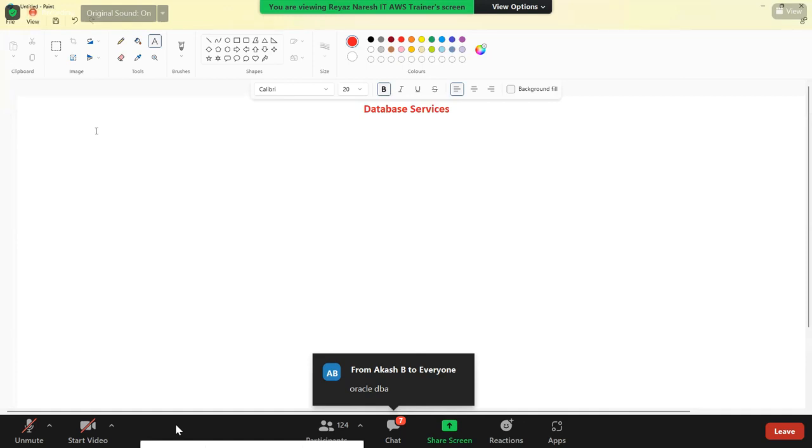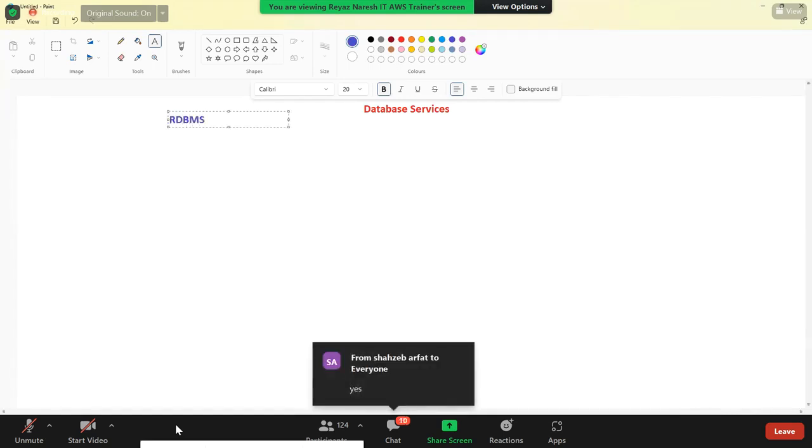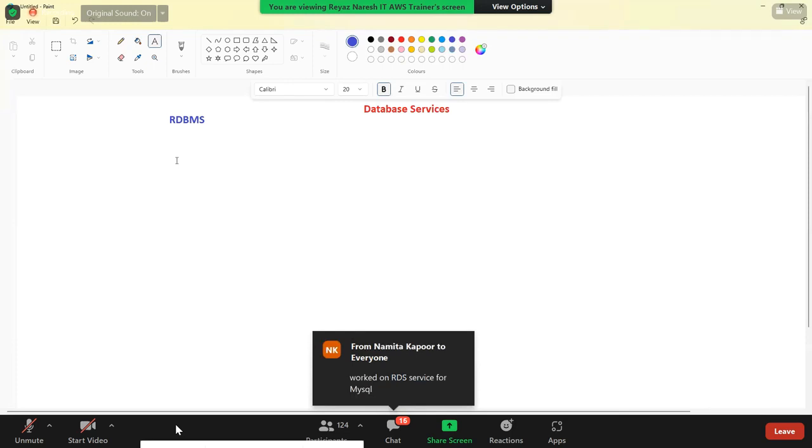Now see here. Do you remember this RDBMS from childhood? We have learned all these things. Relational database management system, right? All tables, rows, columns, queries.